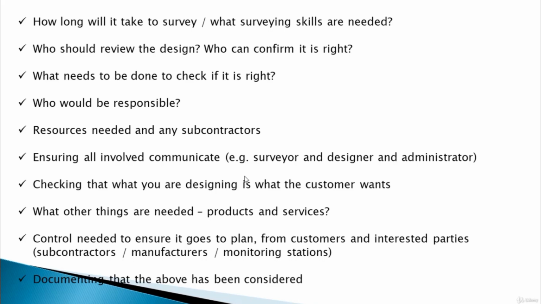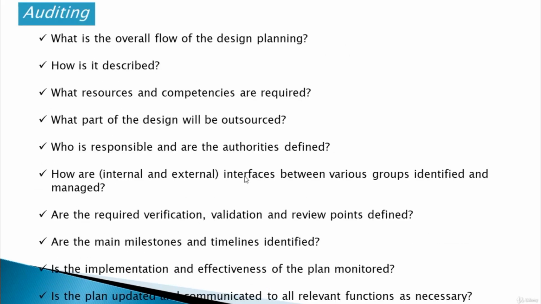Now, to audit this requirement, the auditor needs to ensure the flow of the design planning is going well. So what is the overall flow of the design planning, and how is it described, of course by the personnel. And of course, the auditor needs to evaluate the resources and the competence present, and what part of the design will be outsourced.